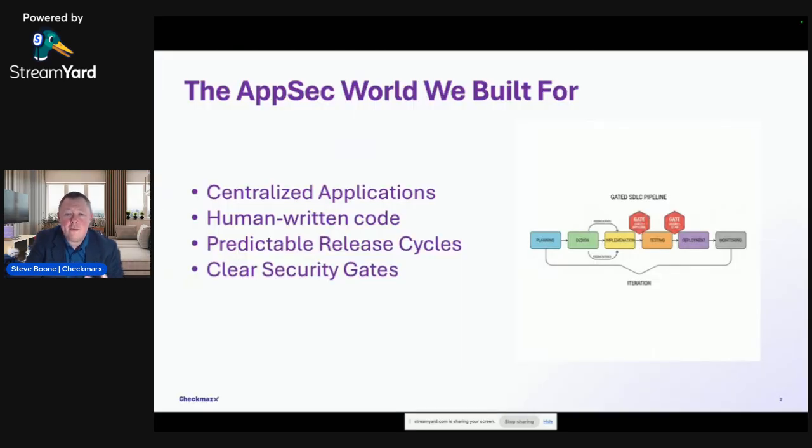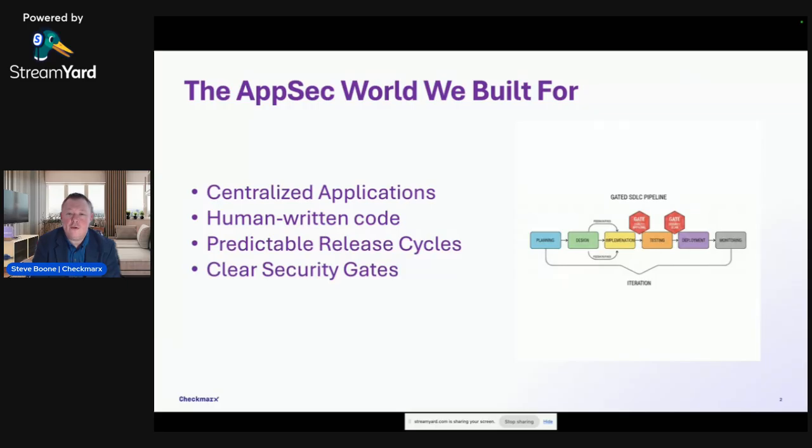So first, I want to talk about how, when we thought about AppSec 10 plus years ago, we designed models for the way that we delivered code. Most AppSec programs were built for a very reasonable world. When we think back on it, most applications were centralized.